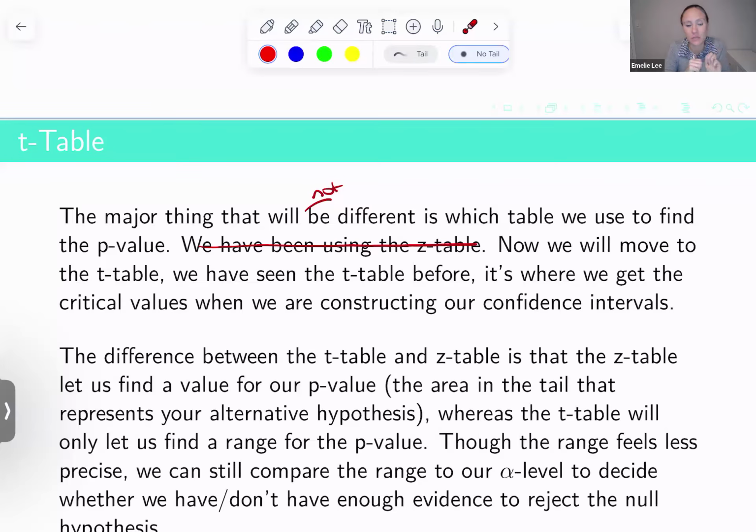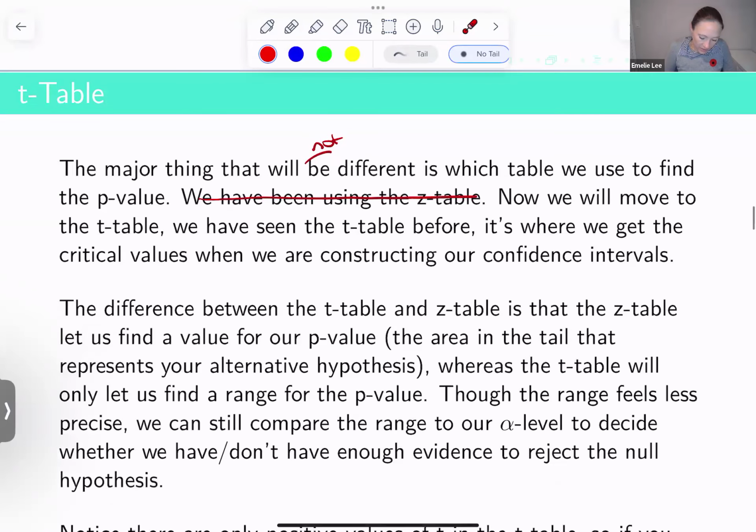And so I think it's a little bit cleaner. So we use the t-table to find the p-values. Okay. And so we've seen the t-table before. It's where we find our p-values for our z's, right? And our critical values for our confidence intervals. Okay.